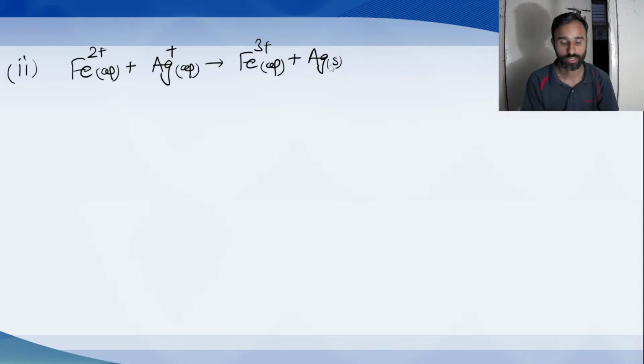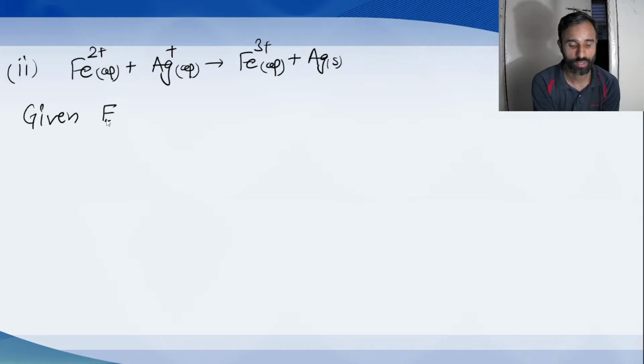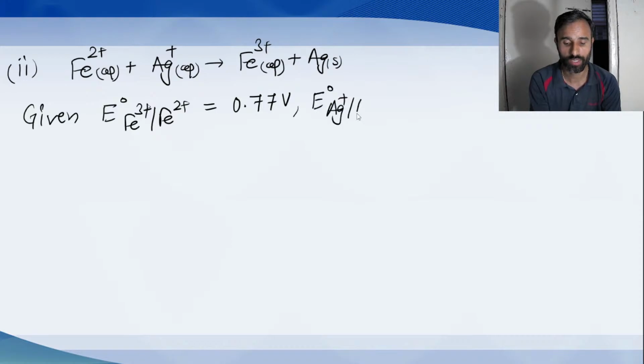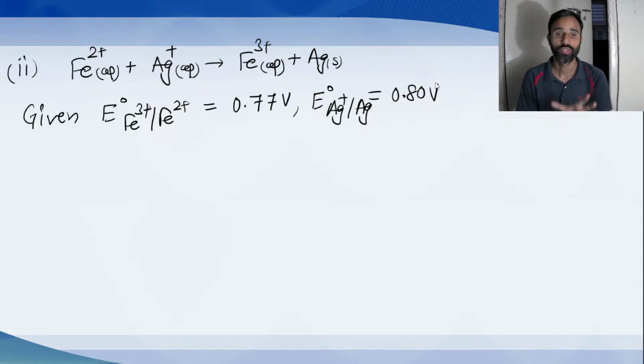In this case, again, these values are given to you. E naught Fe3 plus to Fe2 plus is 0.77 volt, and E naught of Ag plus to Ag, what is the value? 0.80 volt. So these E naught values are given to you.